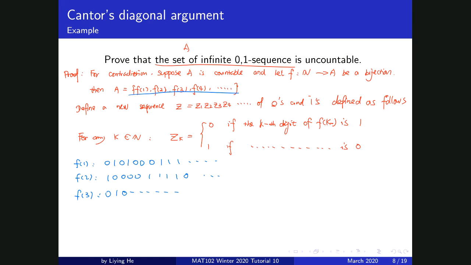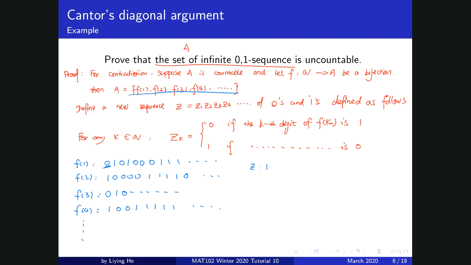F4 is something like 1, 0, 0, 1, 1, 1, 1, 1, and so on. So my new sequence Z looks like this. First of all, I pick Z1. I look at the first digit of F1, which is 0 here. Since this is 0, I want it to be different from F1.